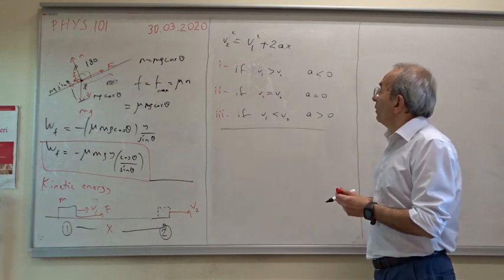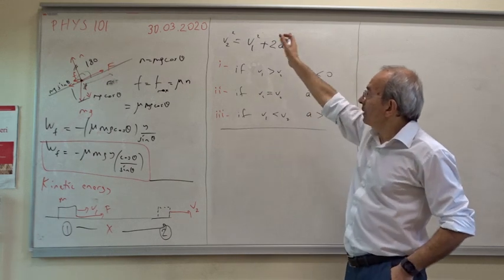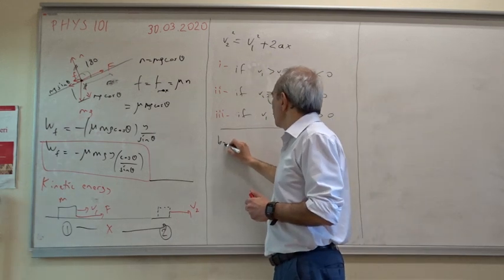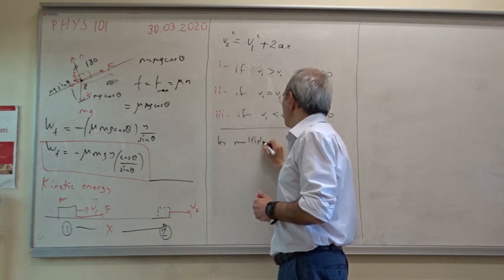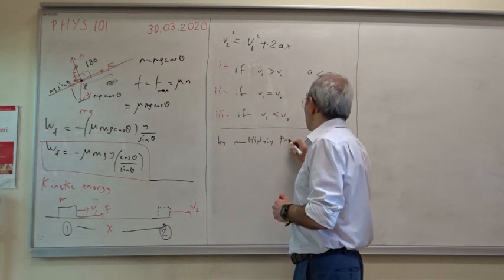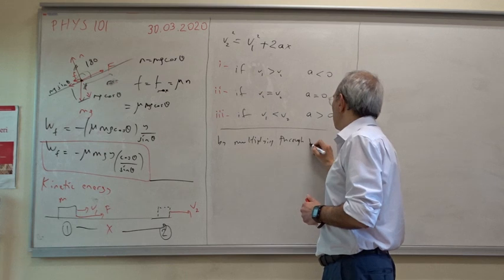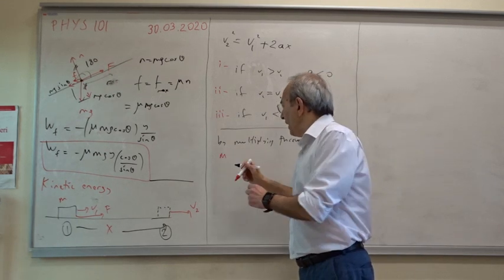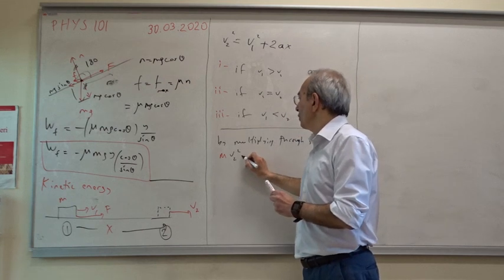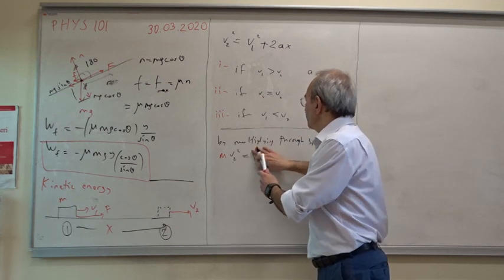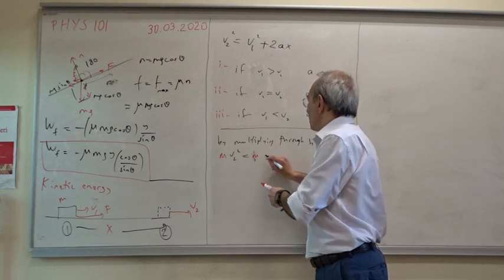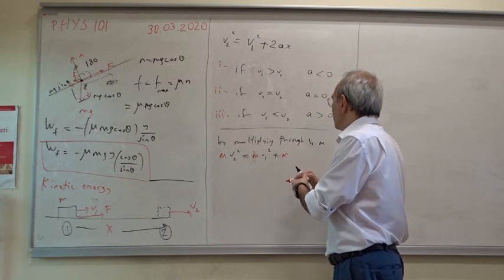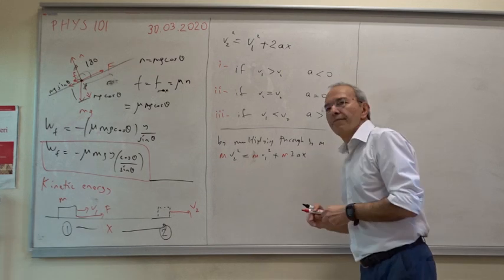Okay. Now let's multiply these terms by the mass m of the object. By multiplying through by mass m, what do we get? We have m times v2 squared equals m times v1 squared plus m times 2ax.